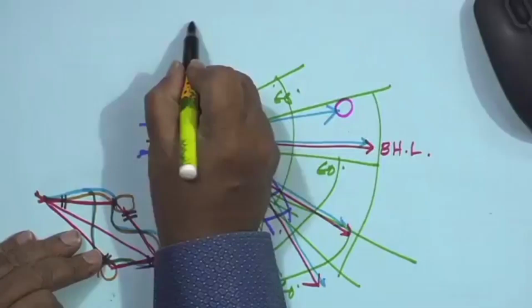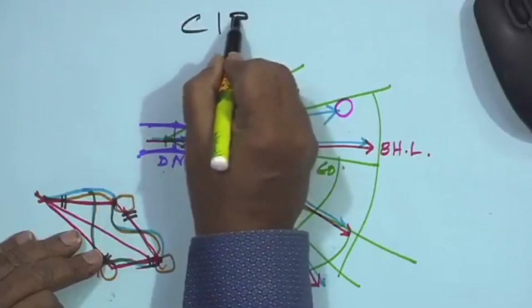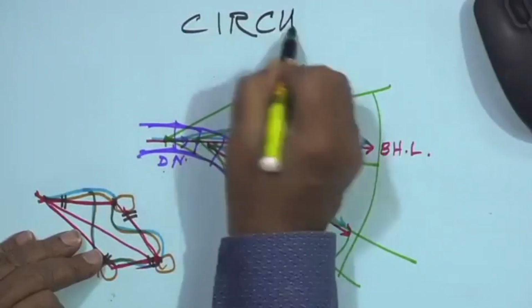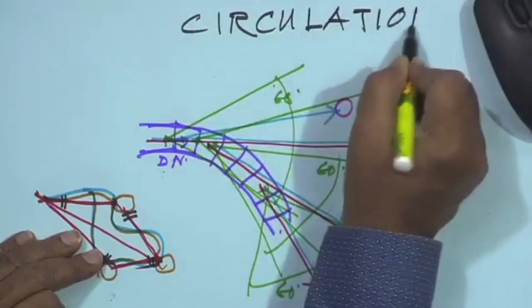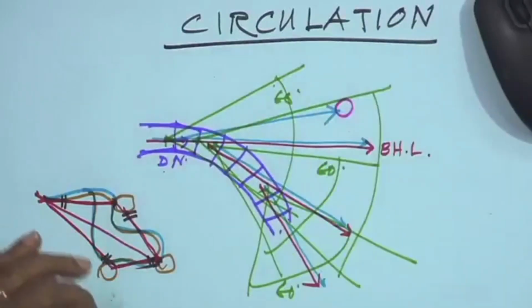So, circulation is one very important thing. I write it very boldly. Circulation is one very important element in creating the kinesthetic experience in the mind of the user. So, essentially all your plans should have a very clear cut defined path.